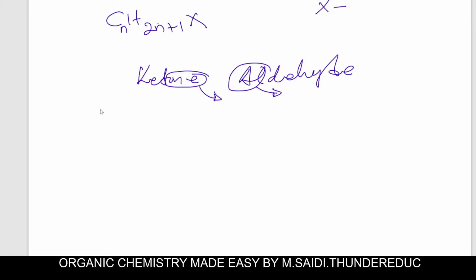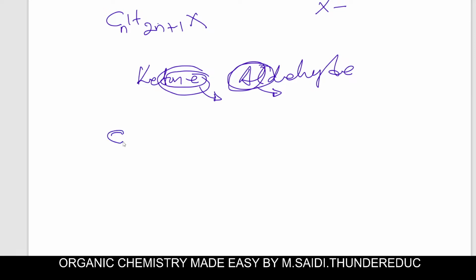The functional group for ketones and aldehydes is the same, but when it is at the end, the terminal, it is an aldehyde. When it is in the middle, somewhere between the carbon atoms, then it is a ketone. Because in aldehydes the functional group is always at the end, we don't need to show the position.